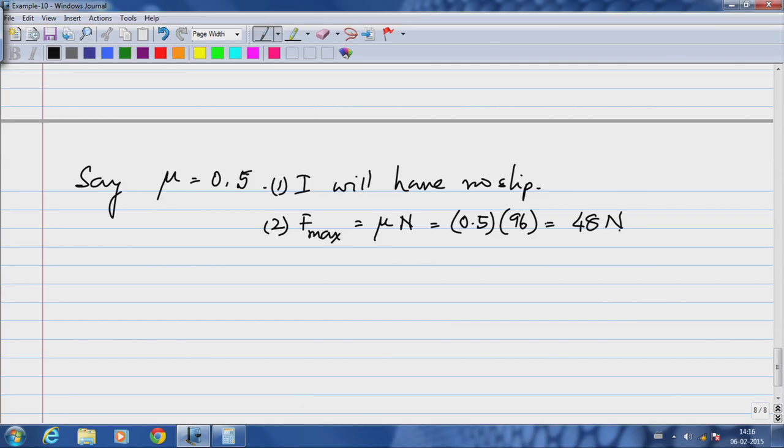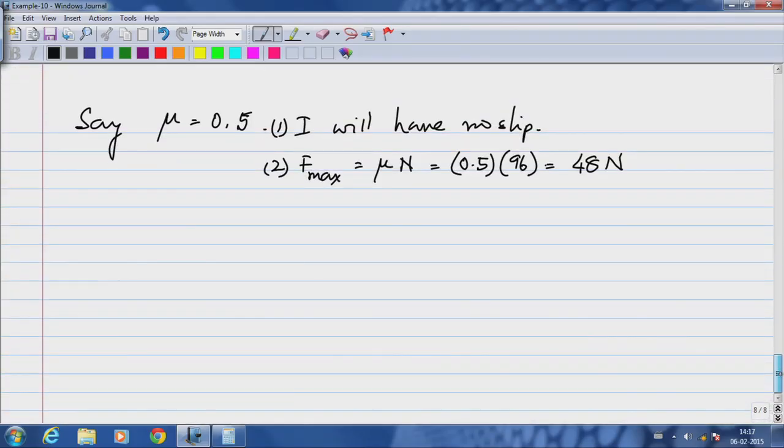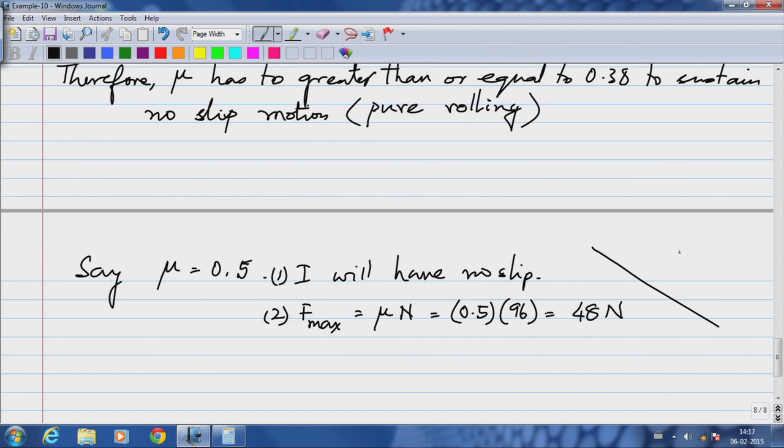So, actually the surface at this point of contact, this friction force f can go to be as high as 48 newtons, but in reality I do not need 48 newtons of force to sustain no slip.